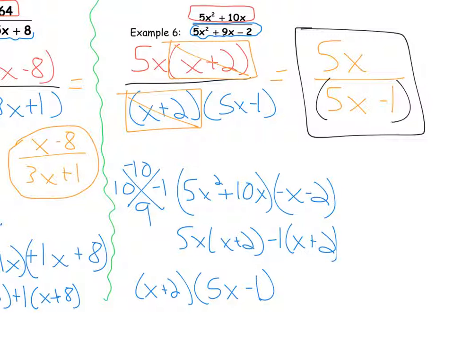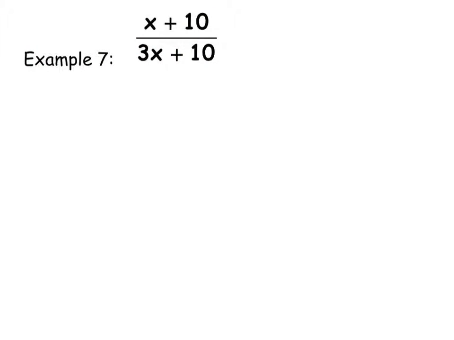Okay. So two very nice, challenging problems that show what we're going to be looking at here. Alright? Okay, now let's get to some trickster guys. So, example 7. Okay? So we're going to do what we've been doing, right? Let's see if we can go ahead and factor some stuff here. X plus 10.